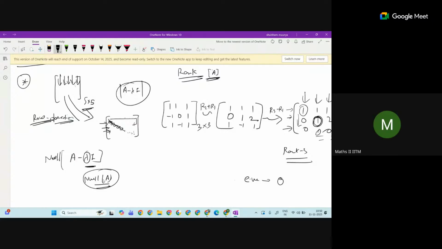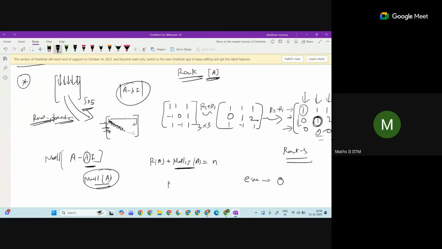It is the nullity of A. By the rank nullity theorem, rank of A plus nullity of A is equal to N. So this is the theorem, and now what the nullity is going to be.